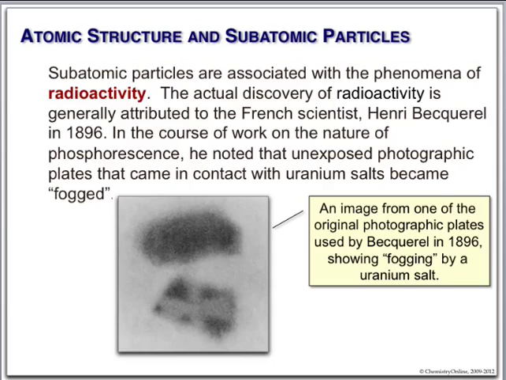They had them sitting in a nice dark place, just like you're supposed to, and somebody put a bottle of uranium salt on top of it. They went ahead and did their experiment, and when they developed it, they saw that where the uranium was, there were these big, ugly splotches, and somebody ruined their plates. They were probably very upset by that, but this is the phenomenon of radioactivity.